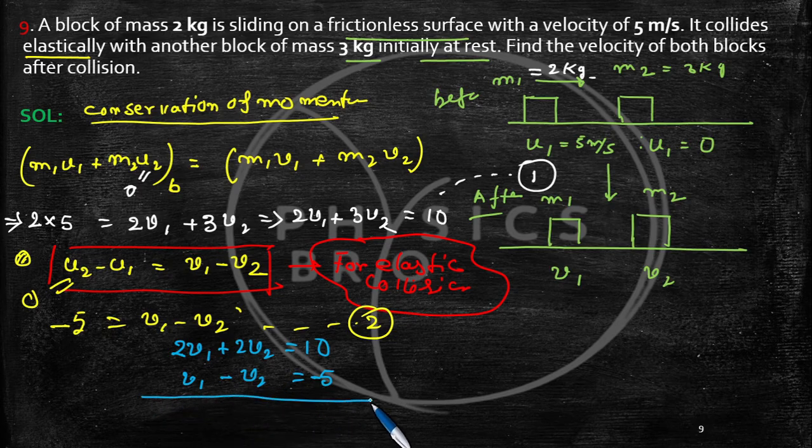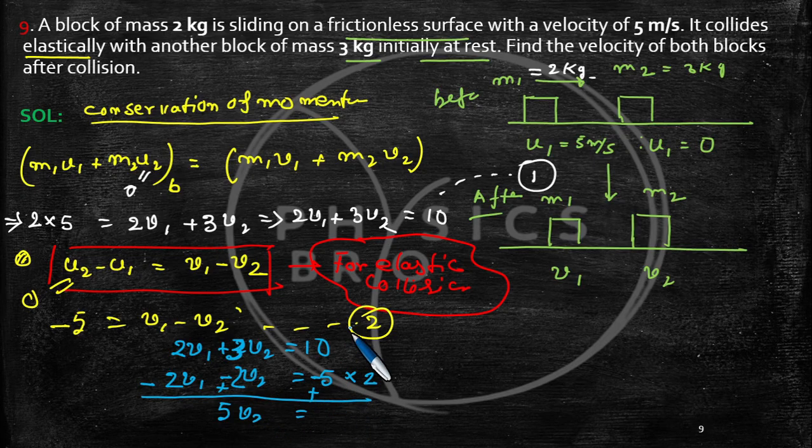Now let's solve it. We will multiply the second equation by 2, and we are getting 2v1 minus 2v2 equals minus 10. Then this will be subtracted from the first equation, and we are getting 5v2 equals 20.